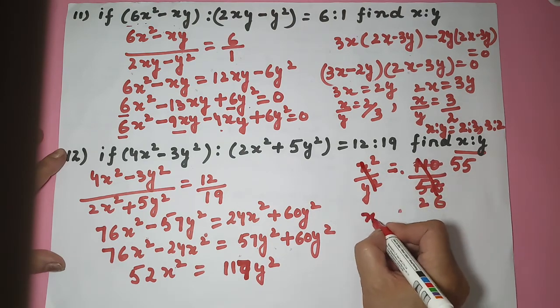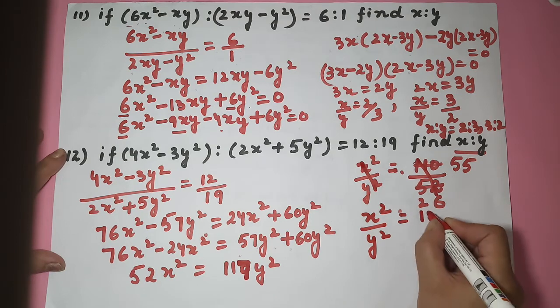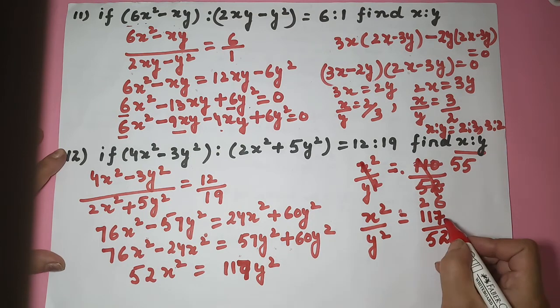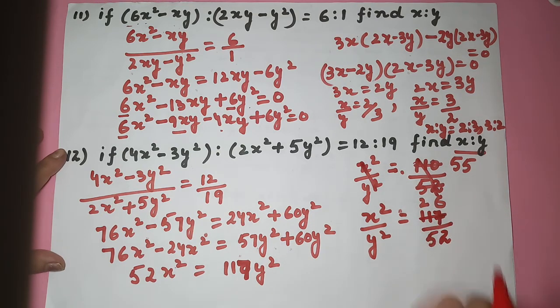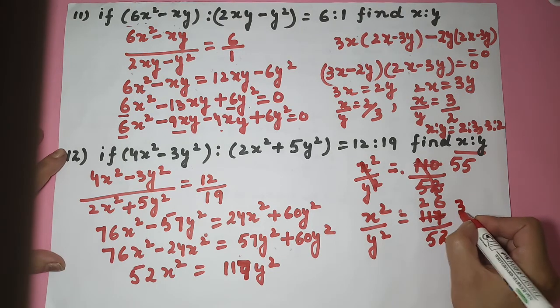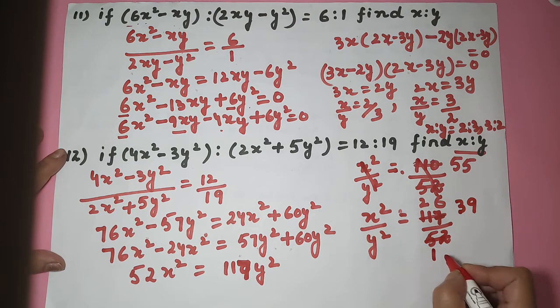You got x square by y square as 117 divided by 52, right? Okay, let's see. Let's simplify this by 3. 3 3s are 9, 3 9s are 27, 3 1s are 3.